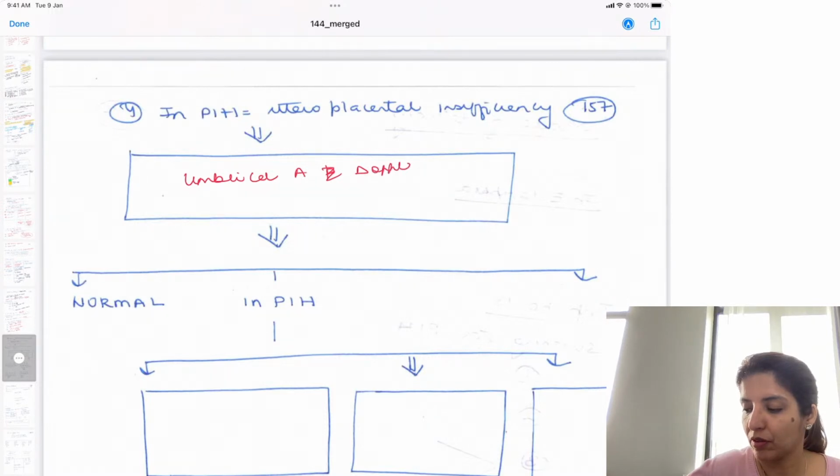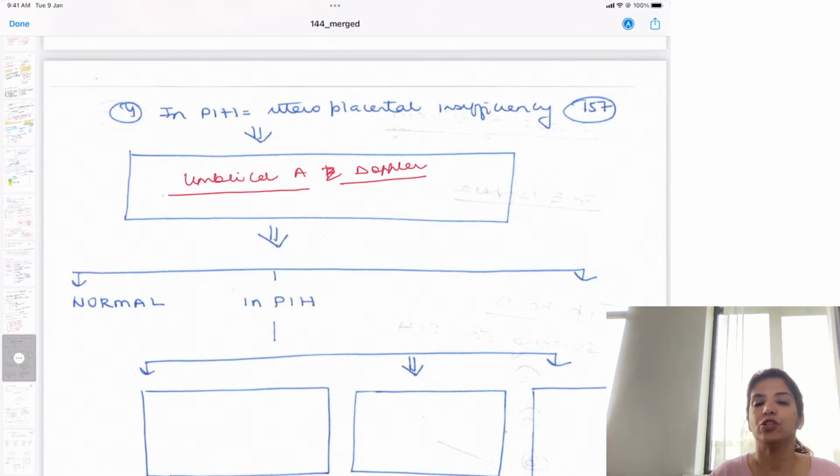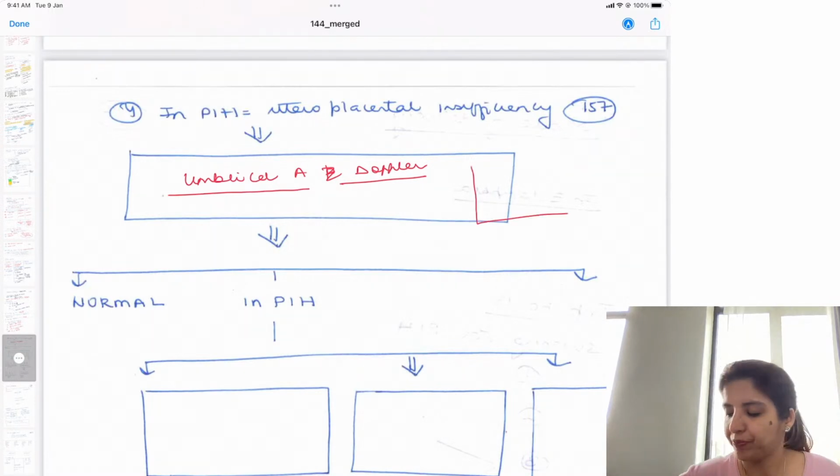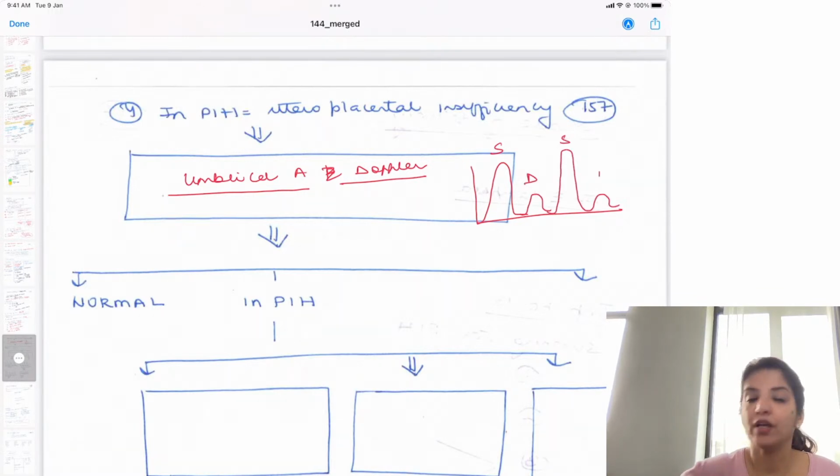In umbilical artery Doppler you will get blood flow at the time of systole, blood flow at the time of diastole, then systole, then diastole, like this. That is how a Doppler appears.